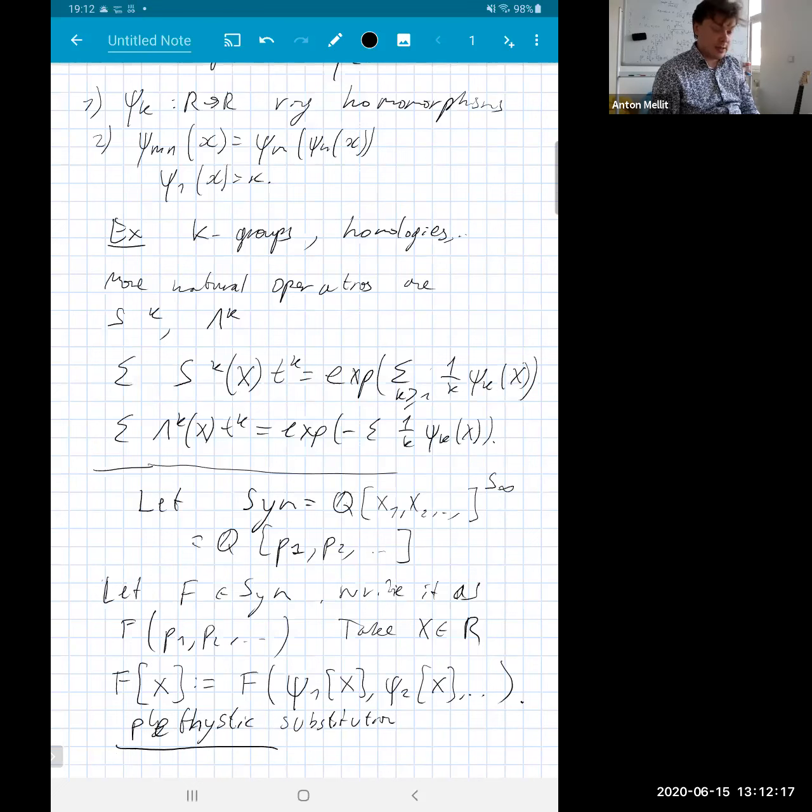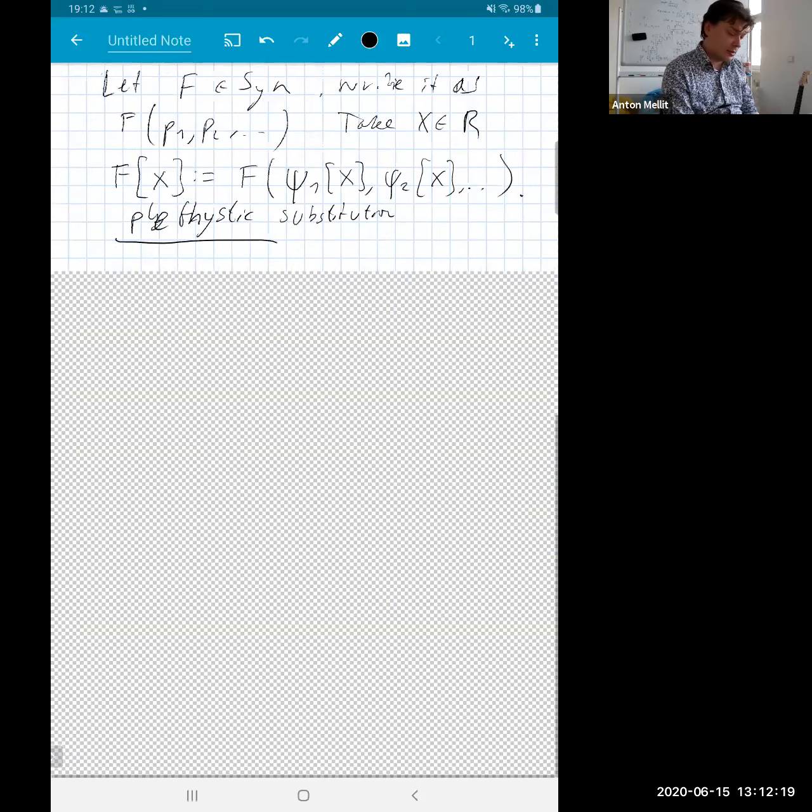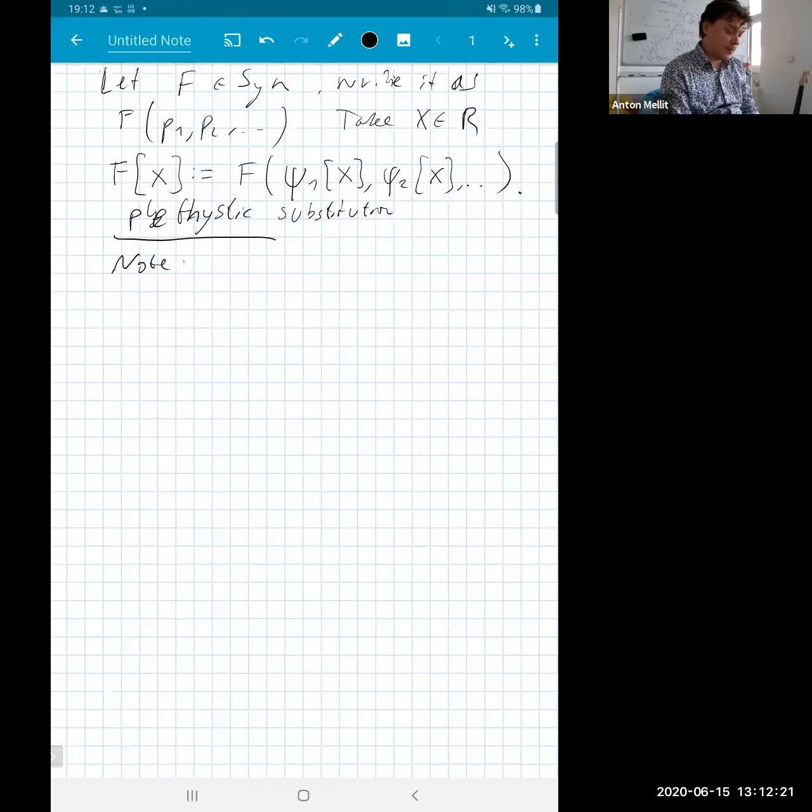Everything is defined in such a way that Hn of X is the symmetric power, where Hn is the complete homogeneous symmetric function, and En is the exterior power, where this is the elementary.